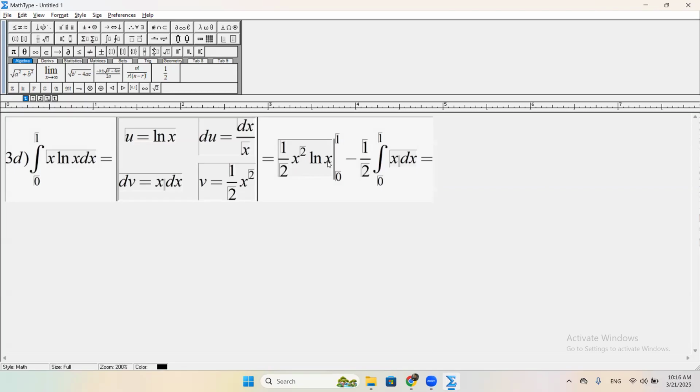If I substitute 1, I will receive 0. If I substitute 0, I will have an undetermined form, 0 by infinity. So when x approaches 0, actually this limit equals 0. You can easily check it by calculating this limit using L'Hospital's rule.